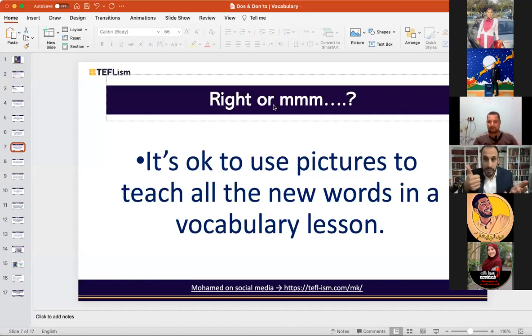Of course, pictures if it is a concrete item. What else? Realia, if it is also concrete. Clines, if we have degrees. Thank you, Ayat. A sentence might help, but the sentence should be clear, because they will need to guess the meaning from the sentence.